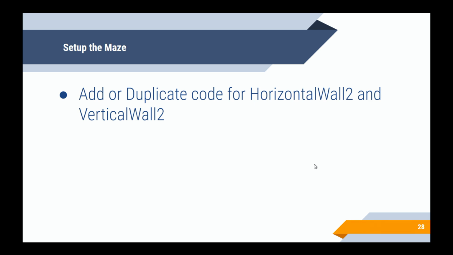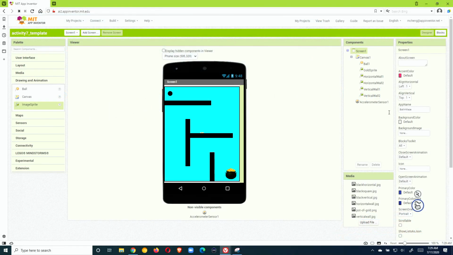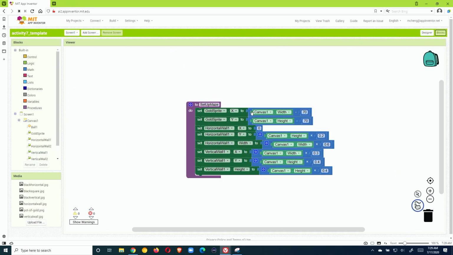First off, we're going to add code for the horizontal wall 2 and vertical wall 2. So let's go into our code as we set up our maze. We want to duplicate code for horizontal wall 2 and vertical wall 2.